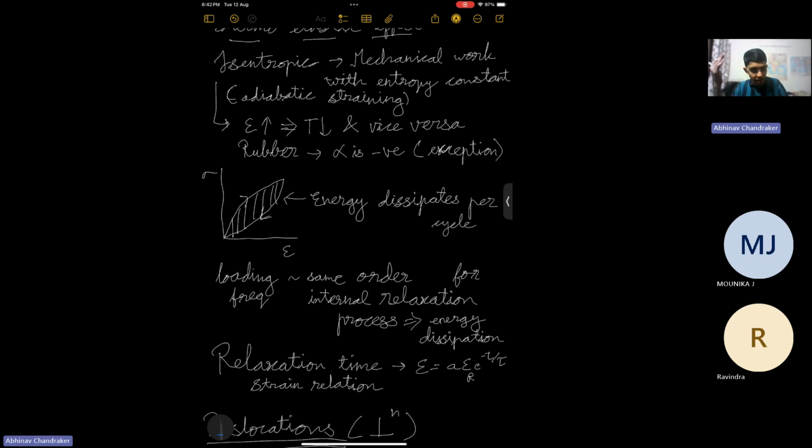So we call it isothermal. But it can happen that you load it so fast that there is no time for thermal exchange. That will be adiabatic. And after that, once you give it some time, it will again come back to the same temperature. So this will be associated with some energy loss.